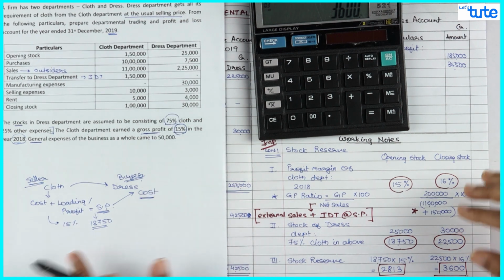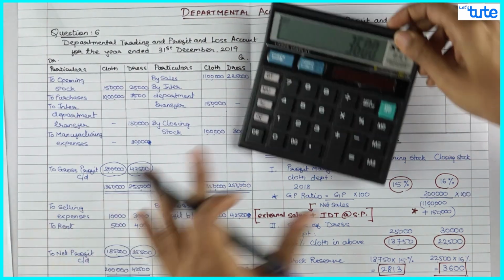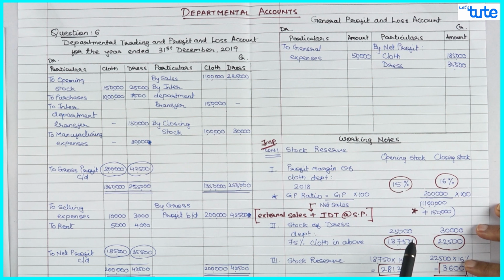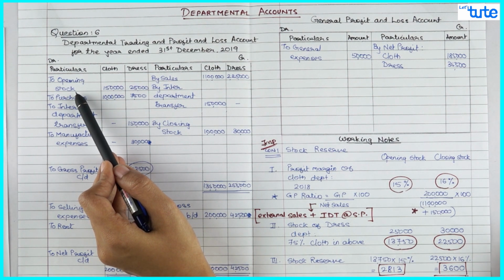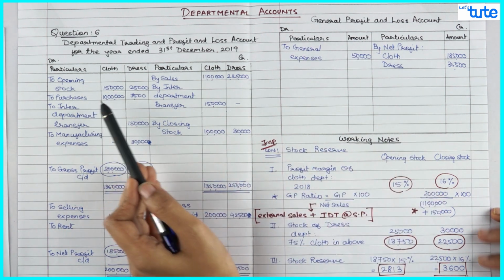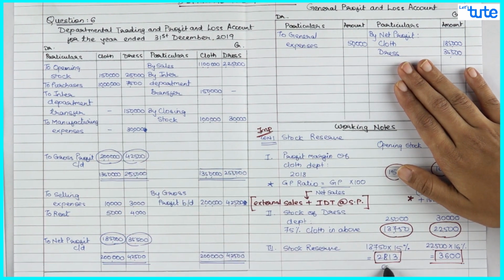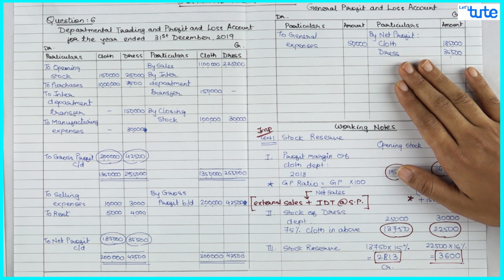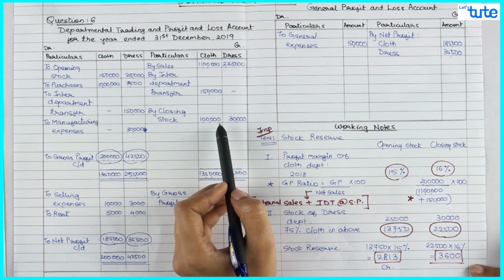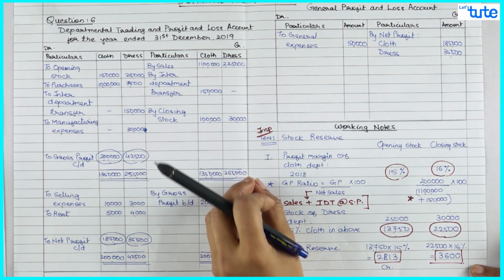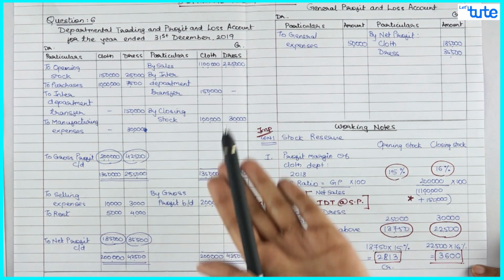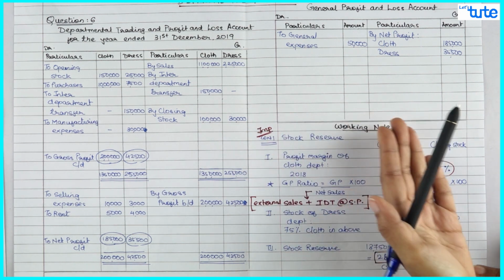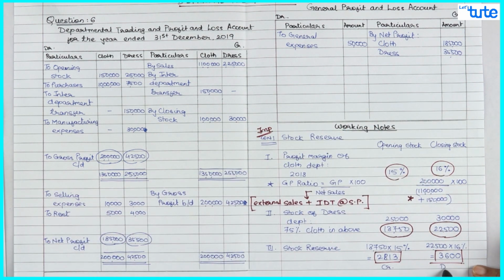Now the last thing remaining is to give the effect for this stock reserve. Now over here, opening stock is debited. So to give the stock reserve effect, we need to credit it. So we credit opening stock reserve. We can just say this would be credited to general P&L account, and closing stock is credited. So any unrealized profit in this closing stock we need to debit, because unrealized profit must have increased the profit. So to reverse that, we debit it. So this would be debited.